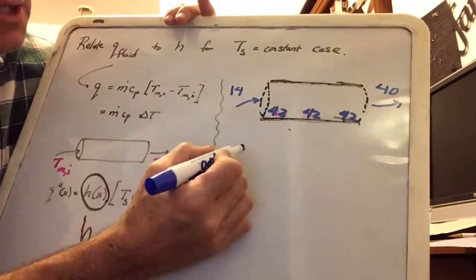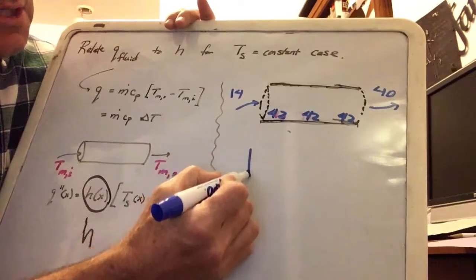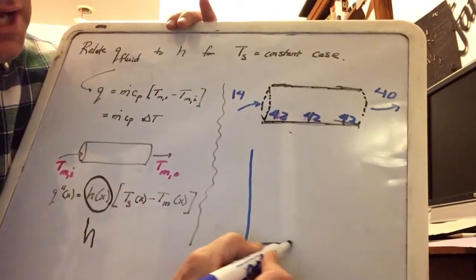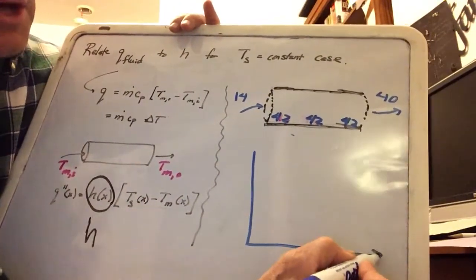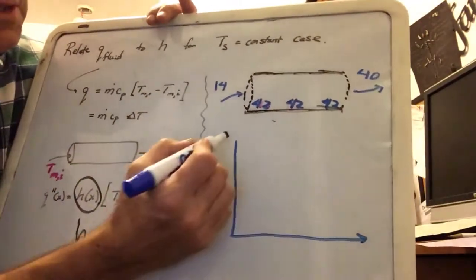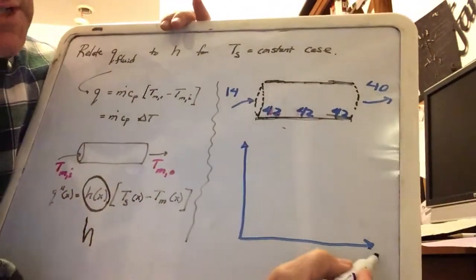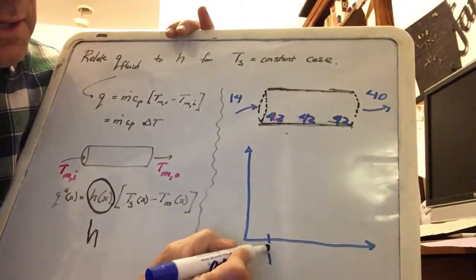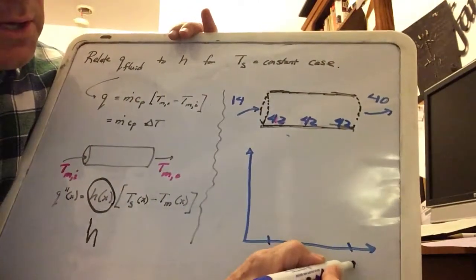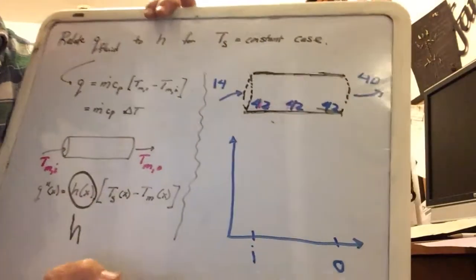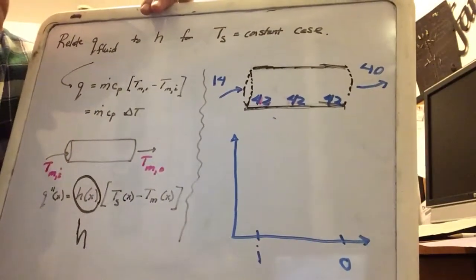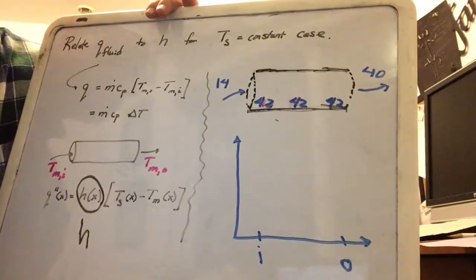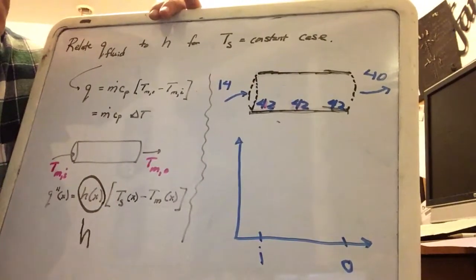All right, so an important reminder is to try to be able to visualize that graphically and also to think about some notation. So this x-axis represents position on the pipe. We're going to put an I here for the inlet and an O here for the outlet. We're going to try to do two curves on that graph: one is what the surface temperature looks like, and the other is what the fluid temperature looks like.